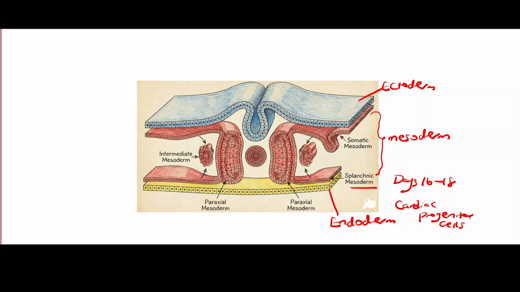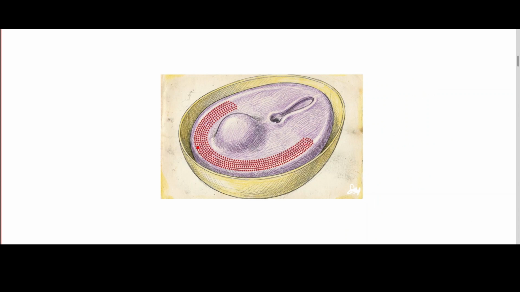All right, so this is the cardiogenic area. In this diagram, we can see the position of the cardiogenic area in relation to the developing brain.